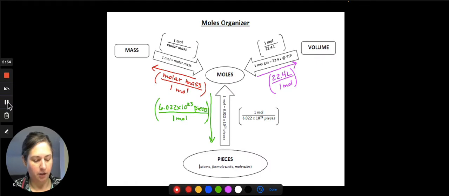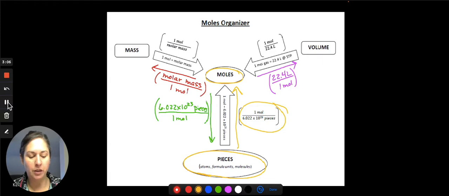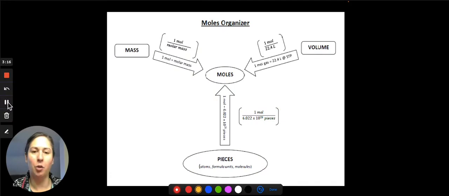We're starting with pieces. In order to go from pieces to mass, we're going to have to go this way first, using this conversion factor first, to moles. And then once we've reached moles, in order to go from moles to mass, we're going to use this step second to get to mass. That's kind of how I use this diagram, so you can go back and forth.